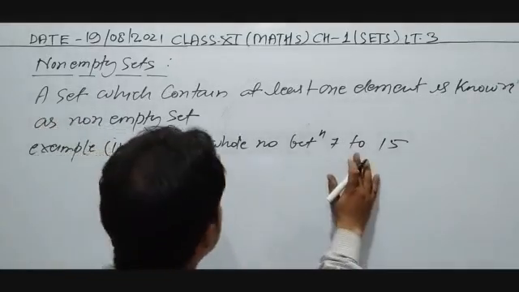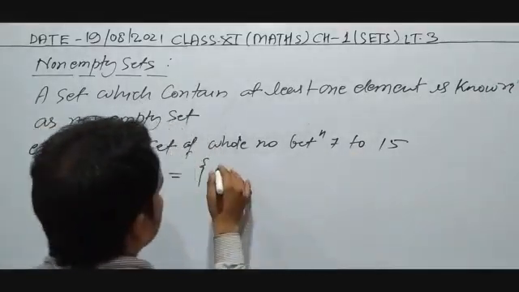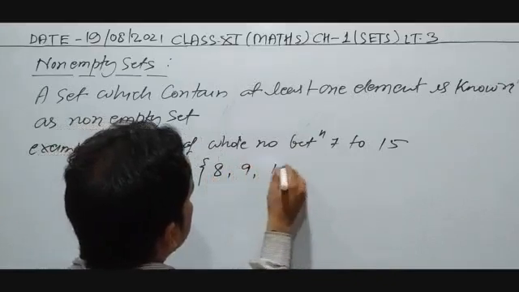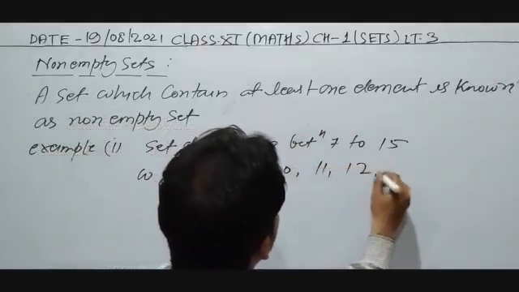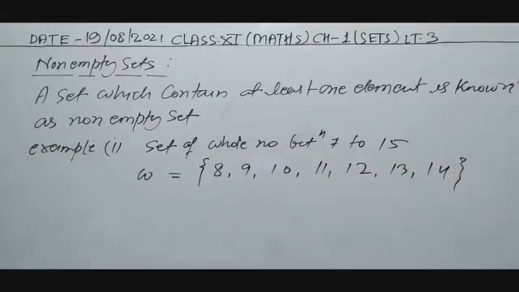Between 7 to 15 means between 7 and 15, not from 7 to 15. So 8, 9, 10, 11, 12, 13, 14. This will be the set of whole numbers between 7 to 15.